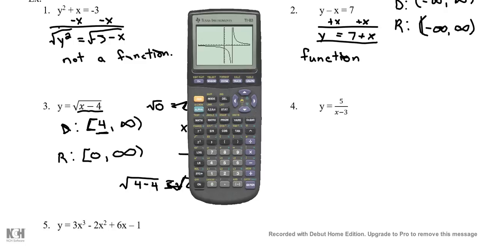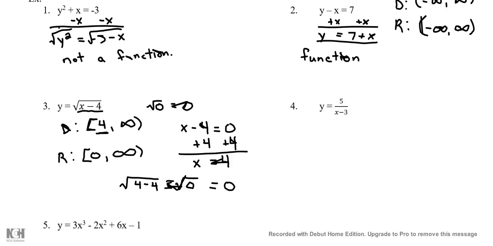But the thing you've got to realize is what's causing that is I cannot divide by 0. That's the one thing that I'm restricted on in fractions. I cannot divide by 0.